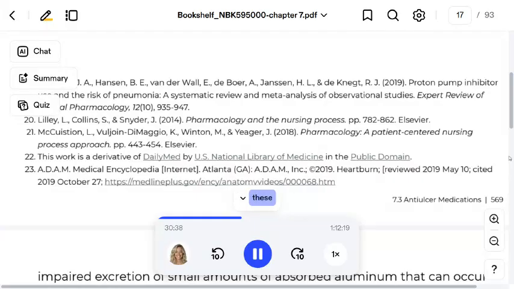A list of these potential causes can be found in Table 7.4. Because there are several potential causes of constipation, treatment should always be individualized to the client. Many times, constipation can be treated with simple changes in diet, exercise, or routine.